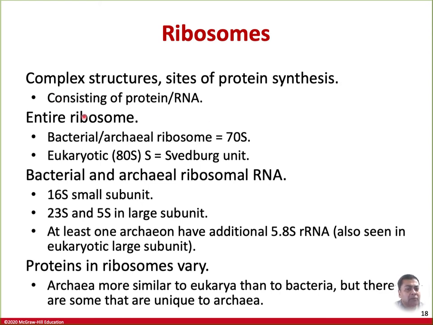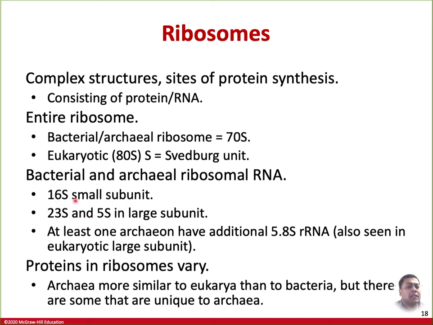So if you look at the bacterial and the archaeal ribosome, they are 70S, 70 Svedberg units, and the eukaryotic ribosome, on the other hand, is 80S. If we separate the small and the large subunit, the small subunit is made up of 16S ribosomal RNA and the large subunit of 23S and 5S.